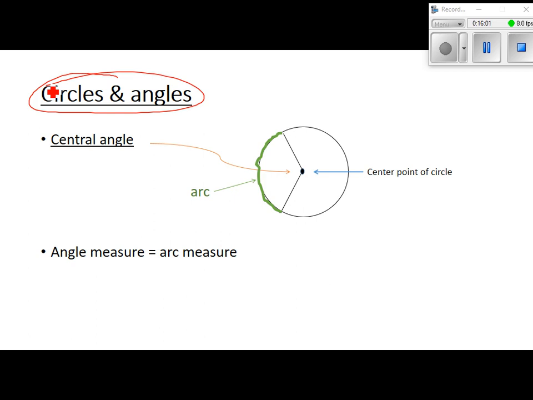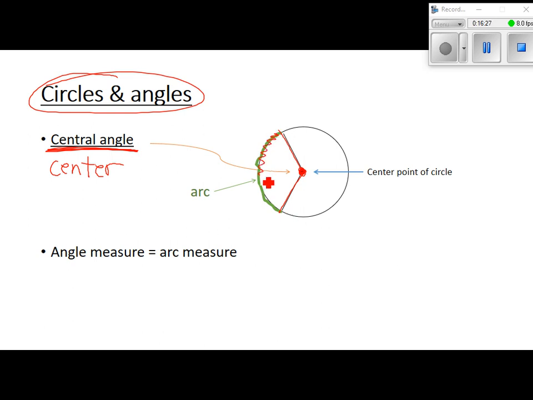The first one, and probably the easiest one, is a central angle. And it's called a central angle because its vertex is at the center point. So the vertex of the angle is at the center of the circle. It's got to be right at that exact center point. When we have that, this angle cuts off, and all of these are going to do sort of the same thing.